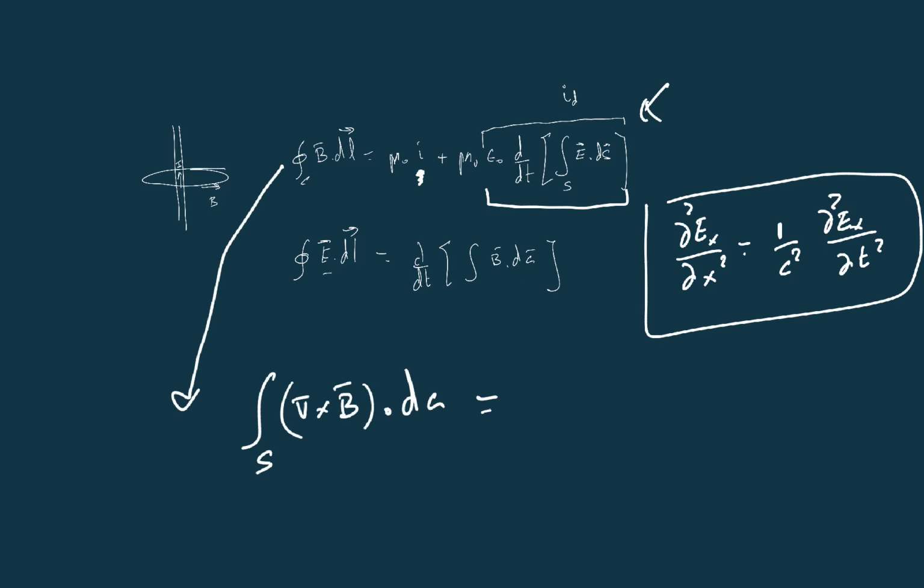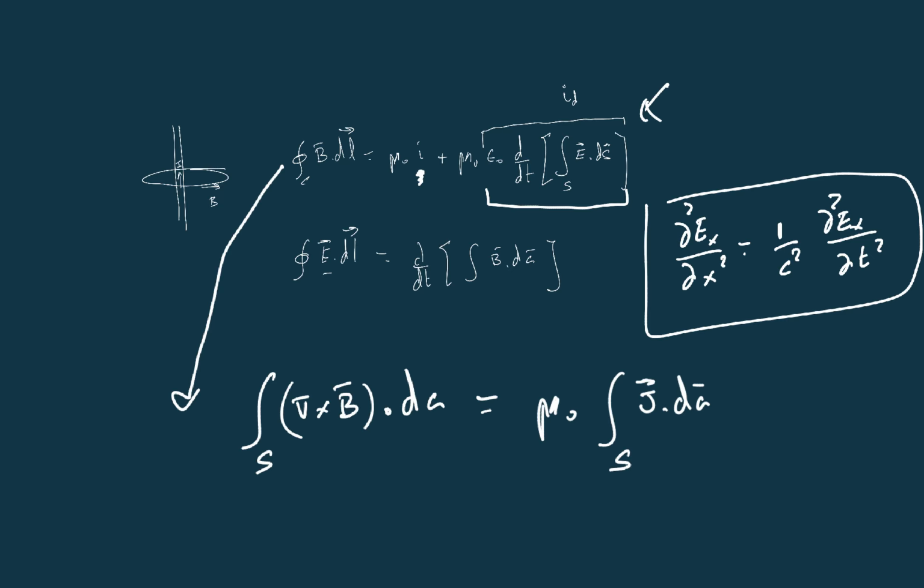So this will be mu sub 0 times I. The current is the density of current, the current per unit of area, times the area. This is the total current, because if J, the vector J, is the current density per unit of area, multiplied by the area, it will be the total current.